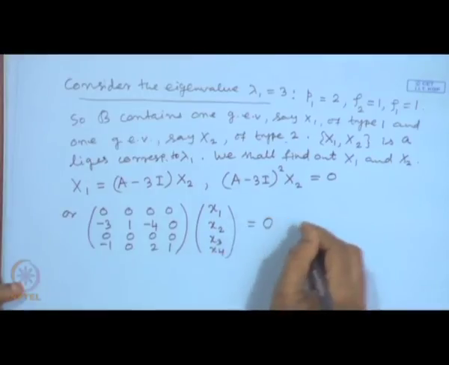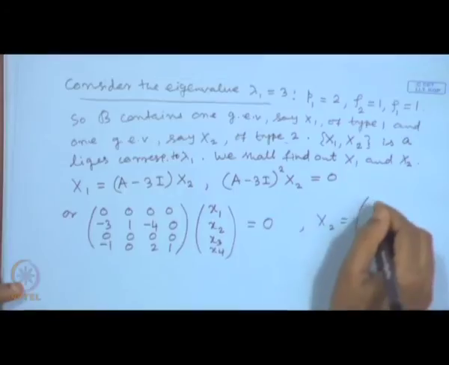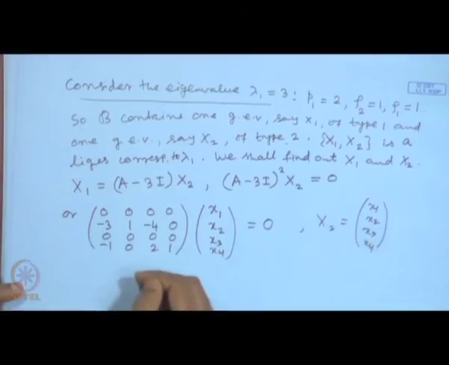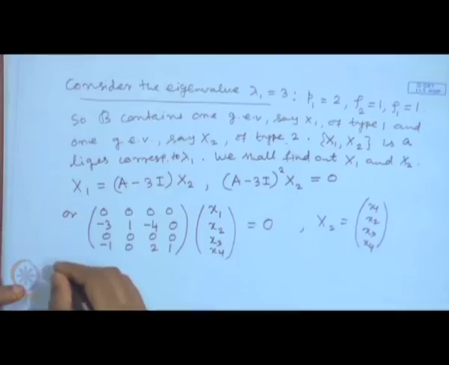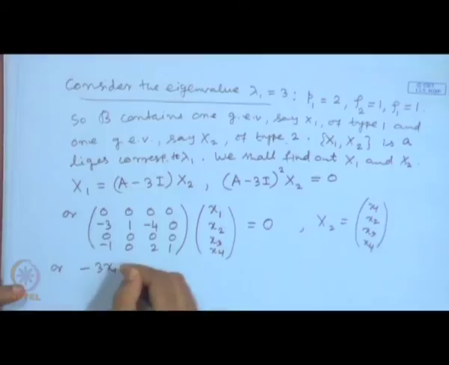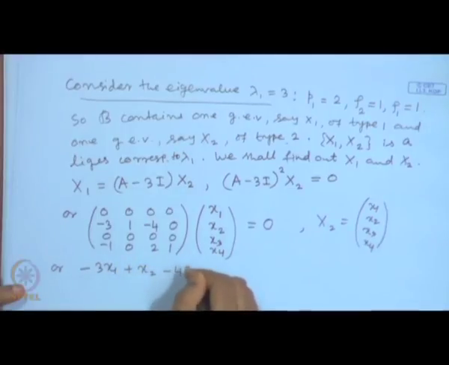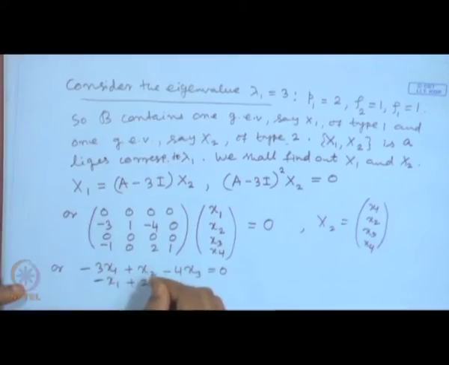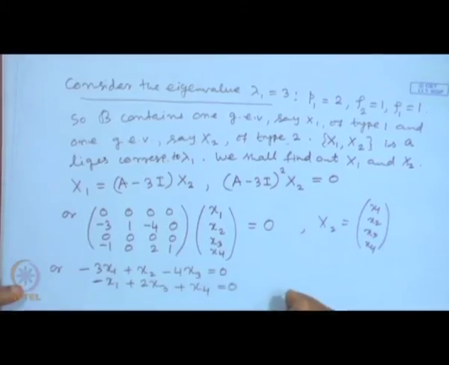This is equal to 0. We get two equations in this system: minus 3 x 1 plus x 2 minus 4 x 3 is equal to 0, and minus x 1 plus 2 x 3 plus x 4 is equal to 0. So, x 2 is a solution of this system.